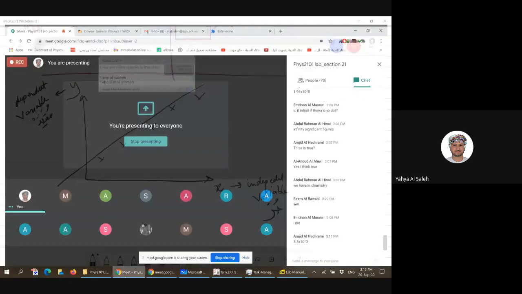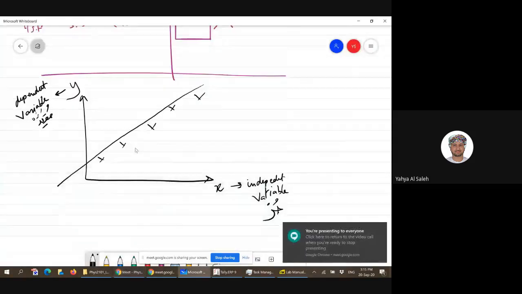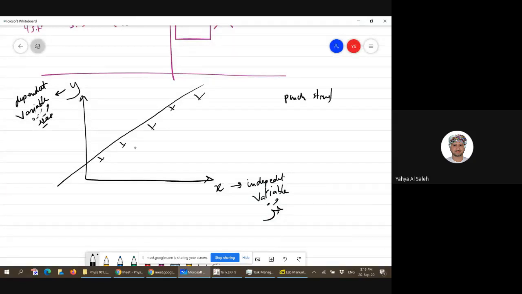Say for example I have two variables. One is punch strength, and one is ouch volume. Which one goes on the X? Which one goes on the Y?